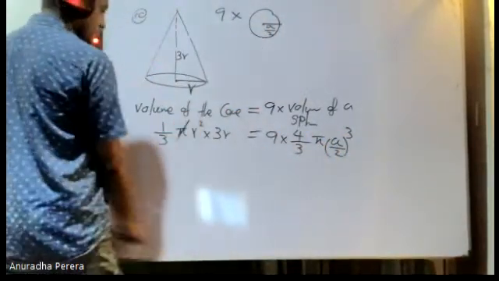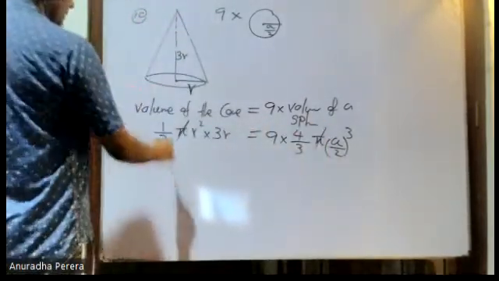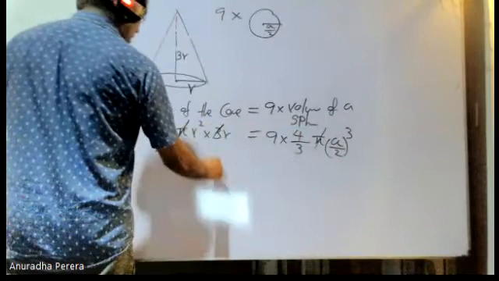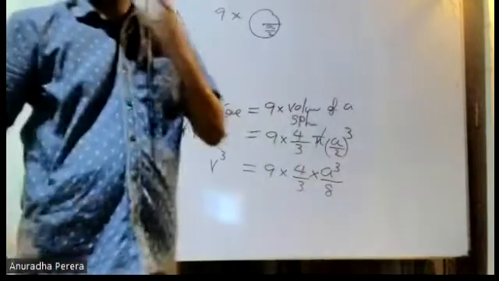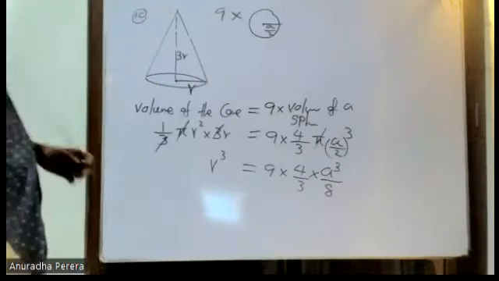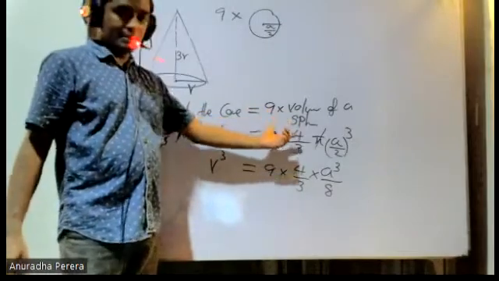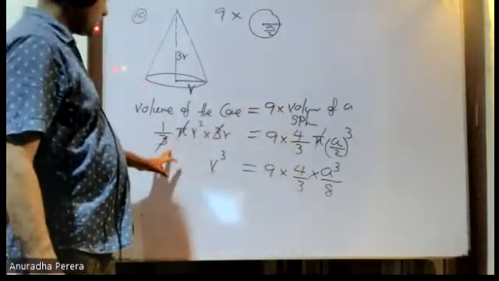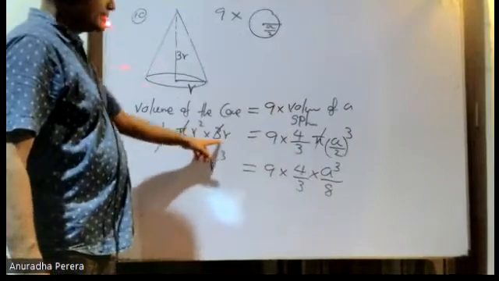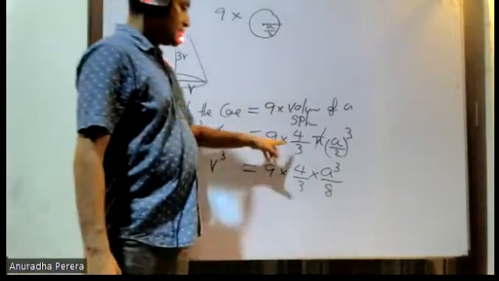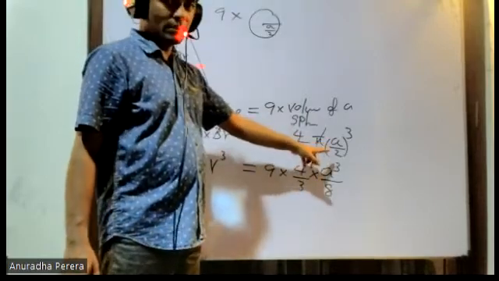So simple. Both sides can be divided by π and by 3. Now, is this right? Volume of the cone equals 9 times the volume of the sphere. Volume of a cone is 1/3 π r squared, height is 3r. 9 times 4 over 3 π, radius is a over 2, a over 2 cubed.